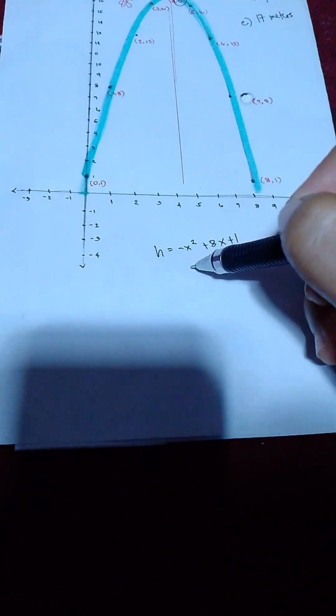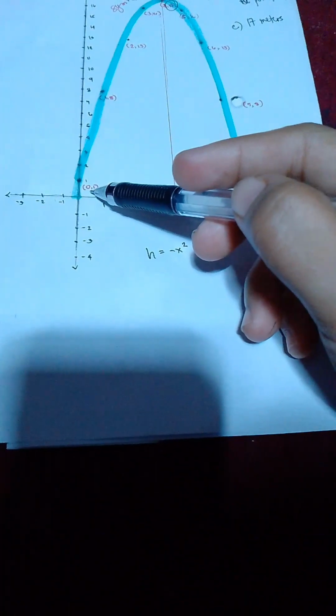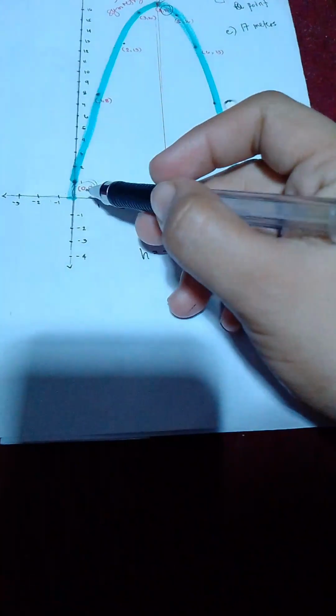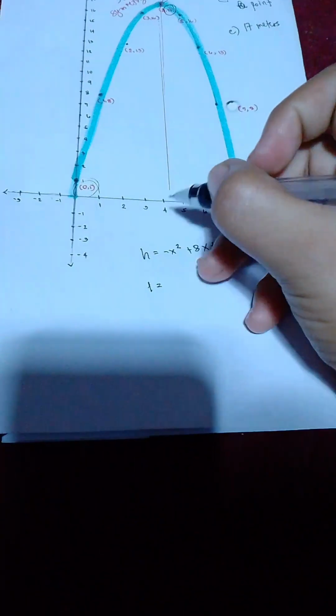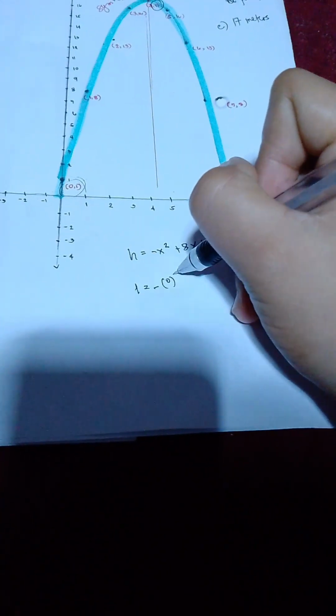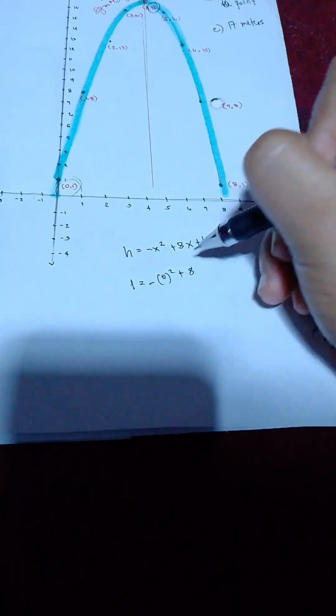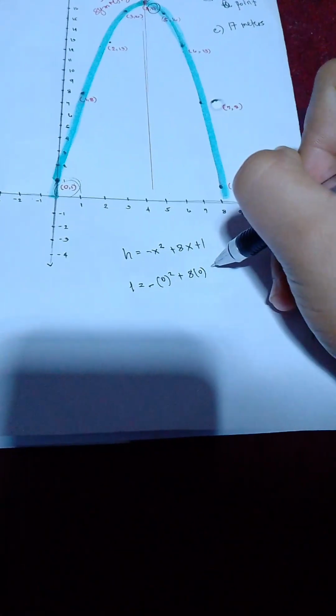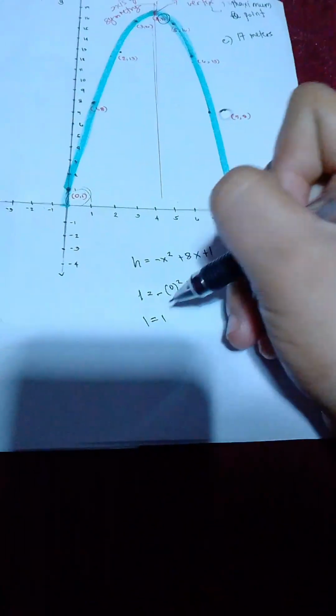Let's substitute the values. When x is 0, h is 1, so we have 1 equals 1.